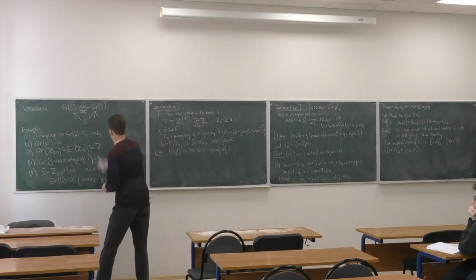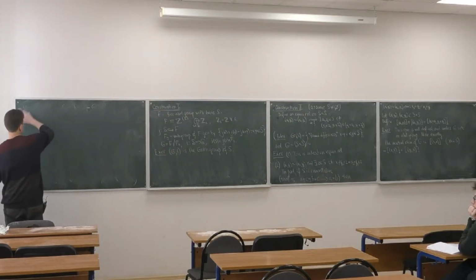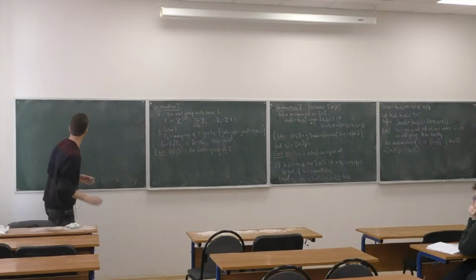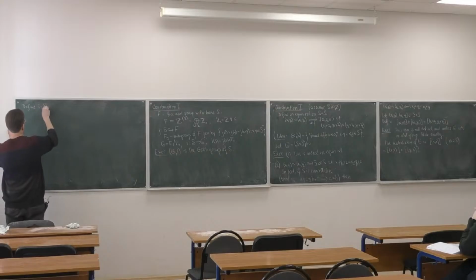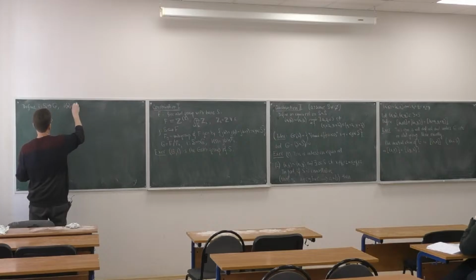And to show that this is indeed the Grothendieck group of S, we must also define this universal homomorphism I. Well, let's define I from S to G as follows. It takes x to the equivalence class of (x plus x, x).